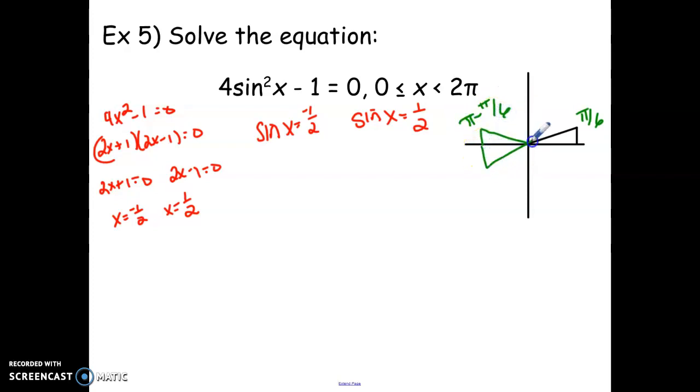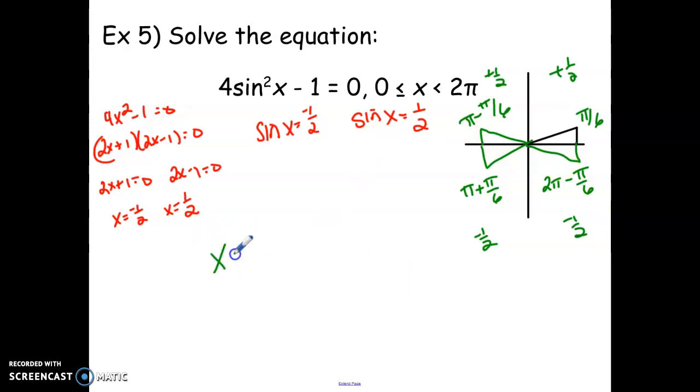Our angle here is going to be pi plus pi over 6. And our angle using the reference angle here is going to be 2 pi minus pi over 6. The reason I'm including all four of those is because I have a positive 1/2 and negative 1/2. So this would be positive 1/2, this would be positive 1/2, this would be negative 1/2, and negative 1/2.